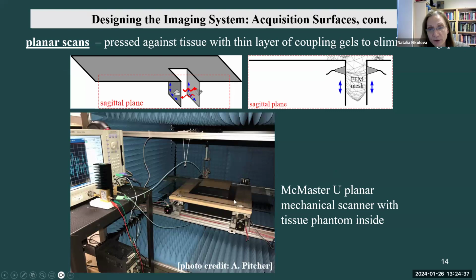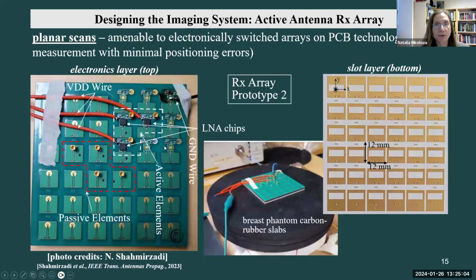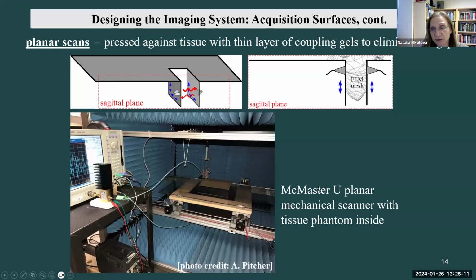Here you see a photo of an experiment just about to start with the breast imaging phantom enclosed here in this box, and very simple mechanical scan with one antenna on top and one antenna at the bottom. And you see here the translation XY stage or scanner, which moves the object between the antennas along X and Y. Now we are moving, of course, toward electronic scanning because mechanical scanners are just terribly slow.